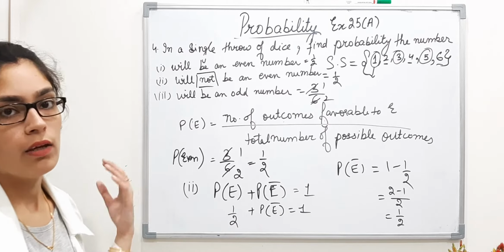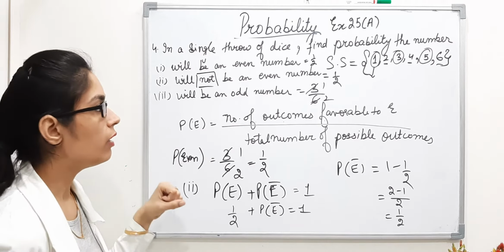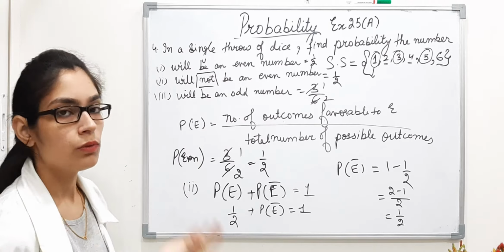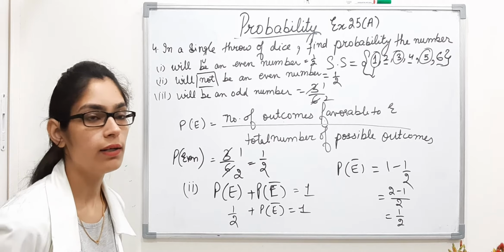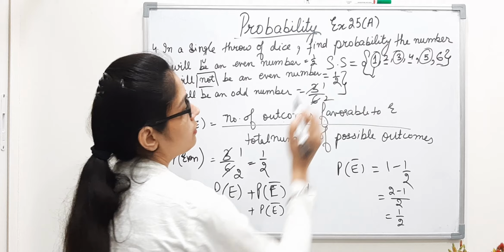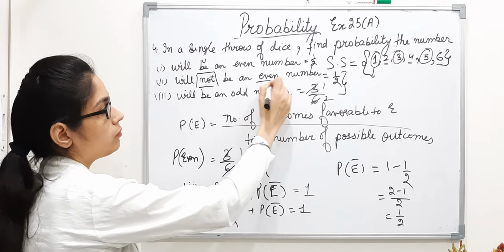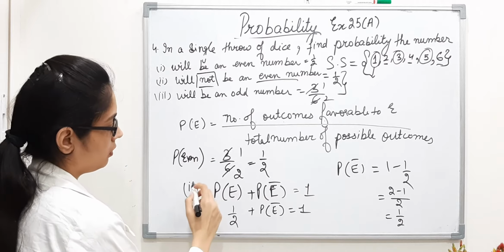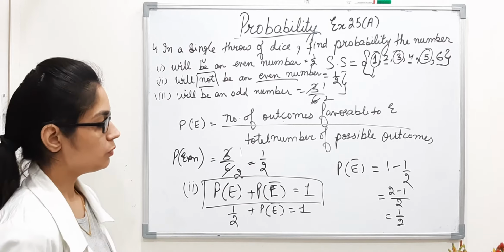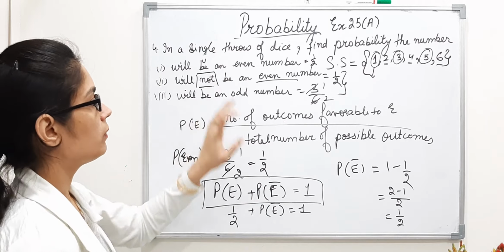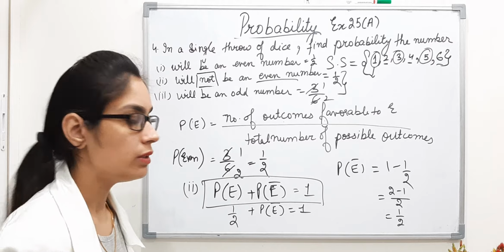And if you have observed this question very carefully, if a number is not an even number, it's very much sure that it will be an odd number. So that's why these are the same. You can do this by that method also, but just try to do it by this or else you will get confused. Just follow this if you are doing this. And this is simple, you can see the numbers and then you can put the values in the formula.